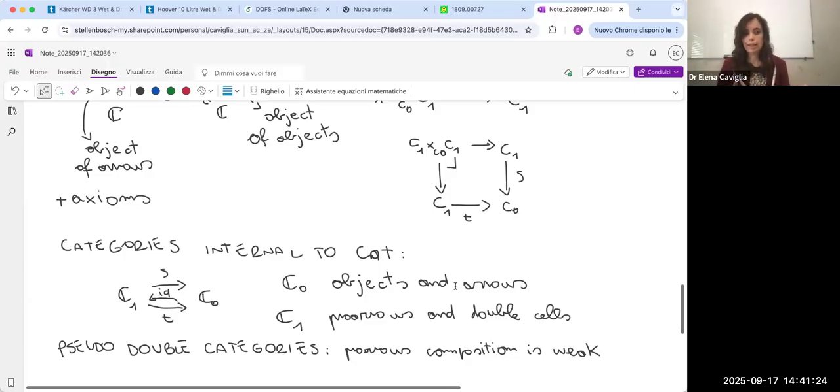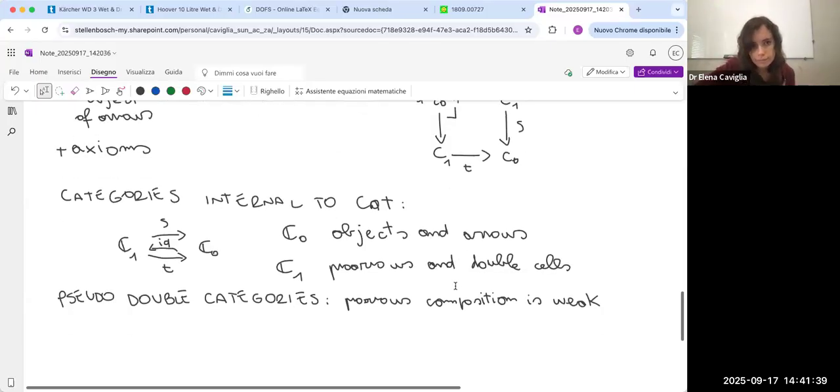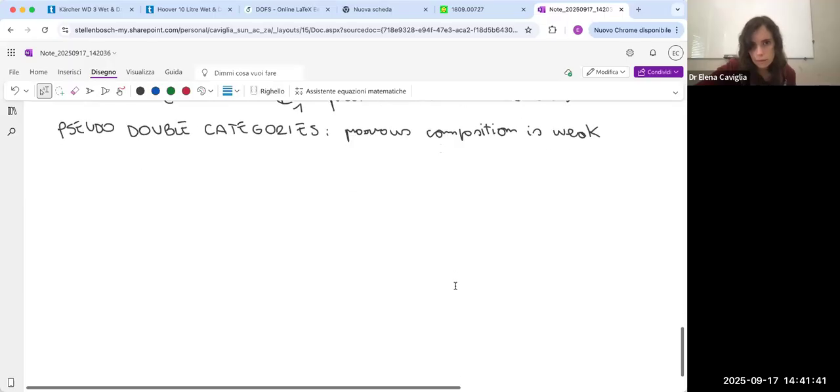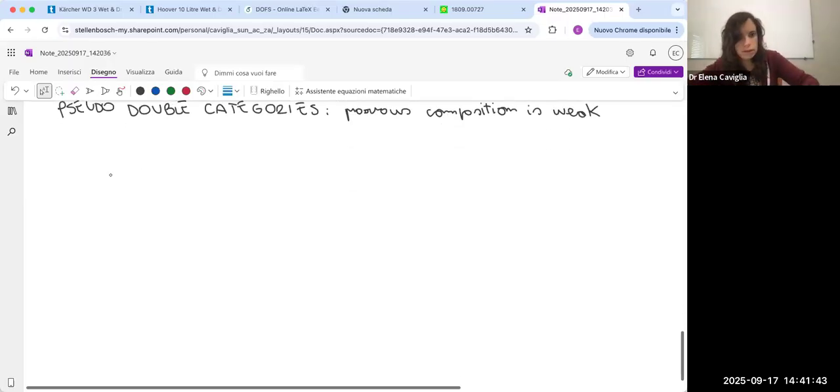So double categories are useful every time you want to consider two different kinds of morphisms between the same objects and see how these two kinds interact with each other. So let us see one first example.